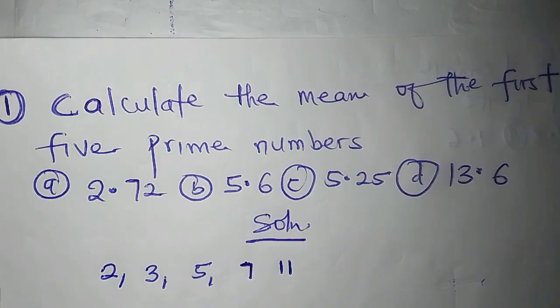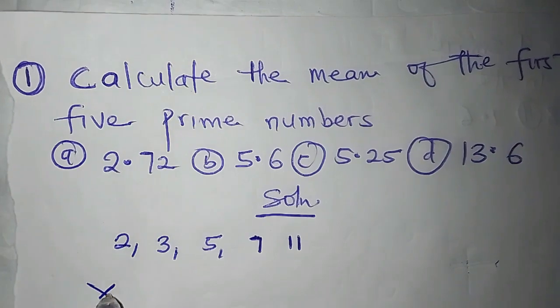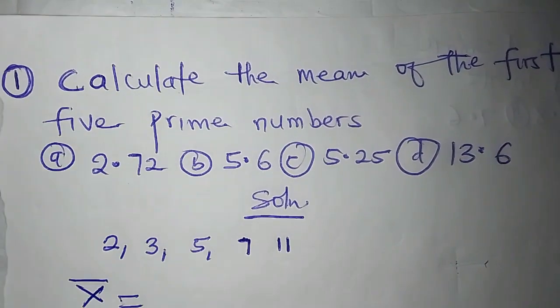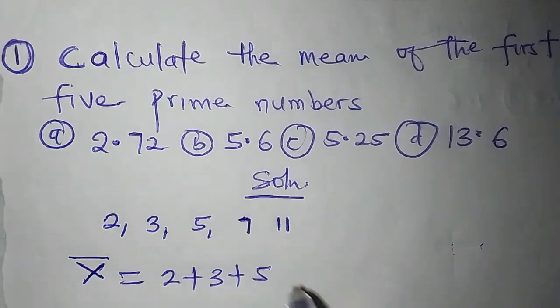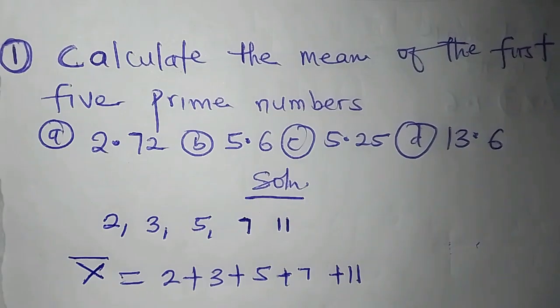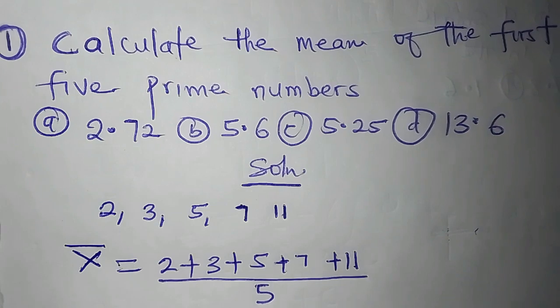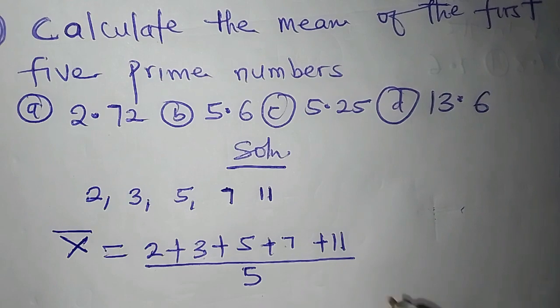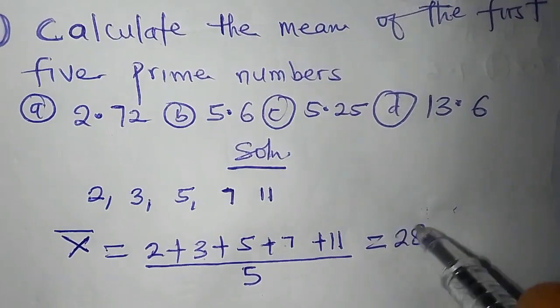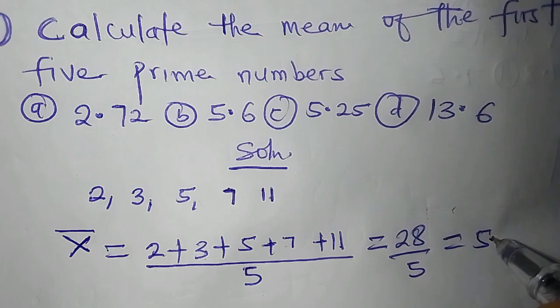So, I want to calculate the mean of these first 5 prime numbers. It's simple. The mean, x bar, is equal to the sum of the numbers, 2 plus 3 plus 5 plus 7 plus 11, divided by 5, since there are 5 numbers here. 2 plus 3 plus 5 plus 7 plus 11 is 28. 28 divided by 5 is 5.6.